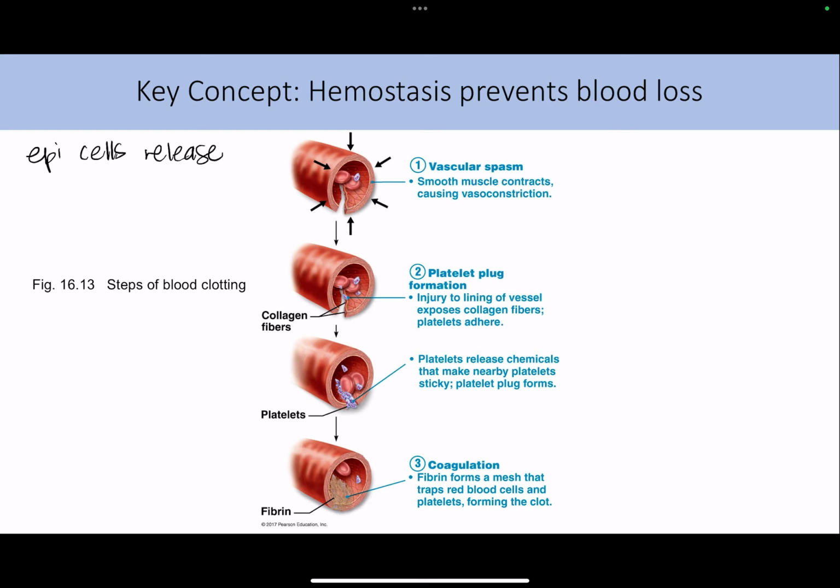Paracrine. Okay, so we have an epithelial cell releasing a chemical that targets a neighboring cell. They're right next to each other. So epithelial cells will release a paracrine that targets these smooth muscle cells that are right next to it.